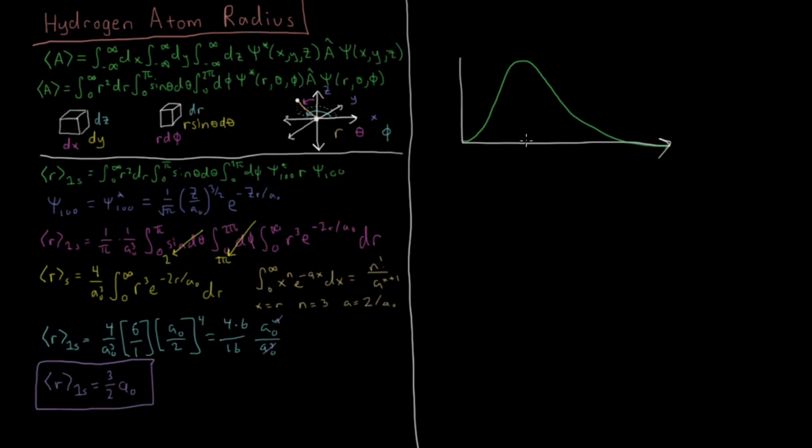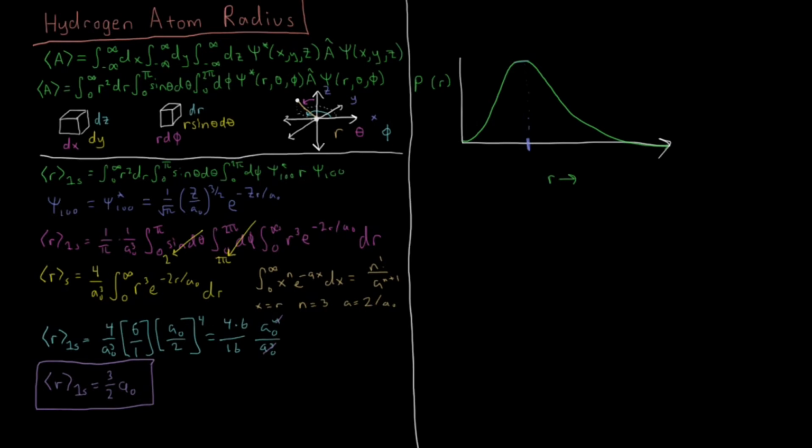So my most probable radius is this value right here, where I have in green this P of r, or the probability density, or the radial distribution function, probability density versus radius for some given function here. And this would be what the radial distribution function would be for the 1s orbital. This is what it would look like.